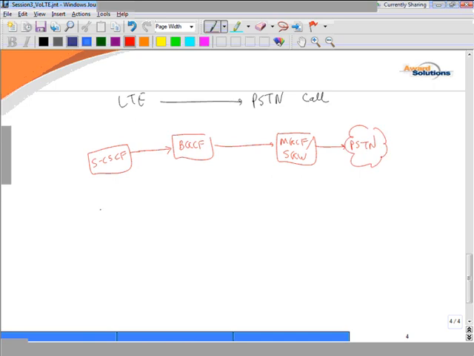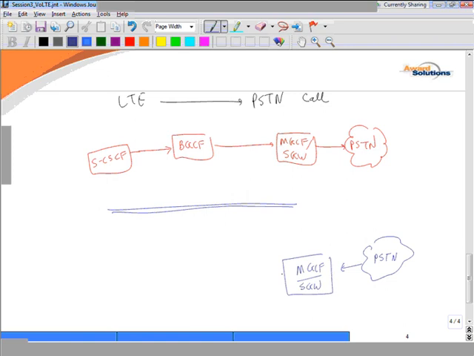And if we have the other situation, from PSTN, then it will be MGCF, signaling gateway, and we can figure out who the serving CSCF is by using the help of interrogating CSCF and HSS.